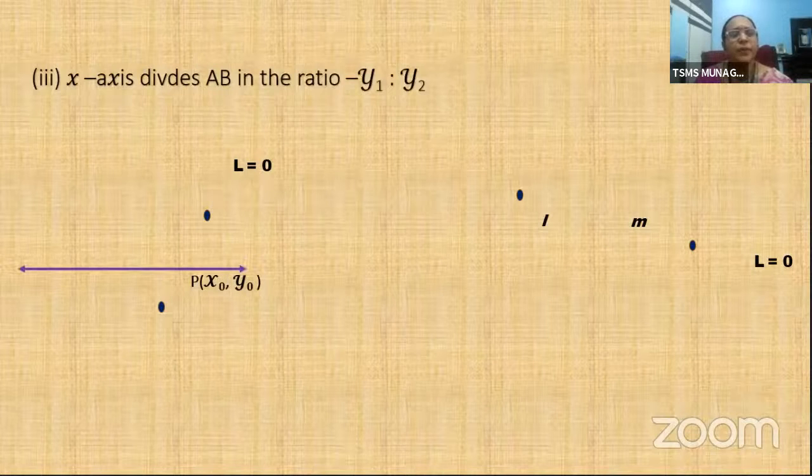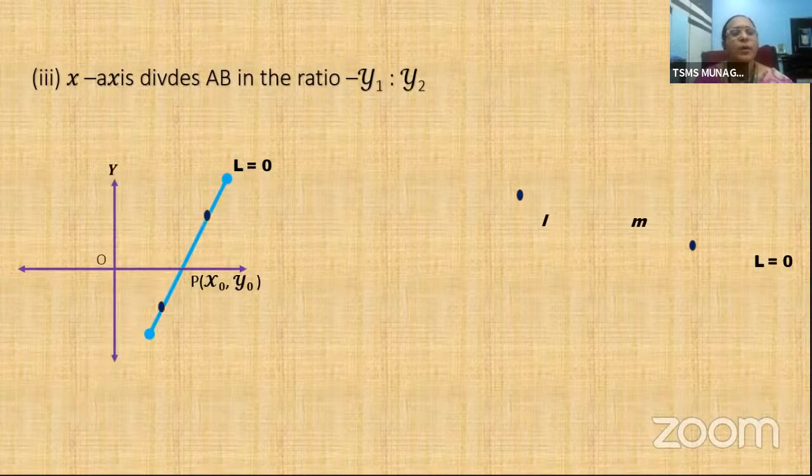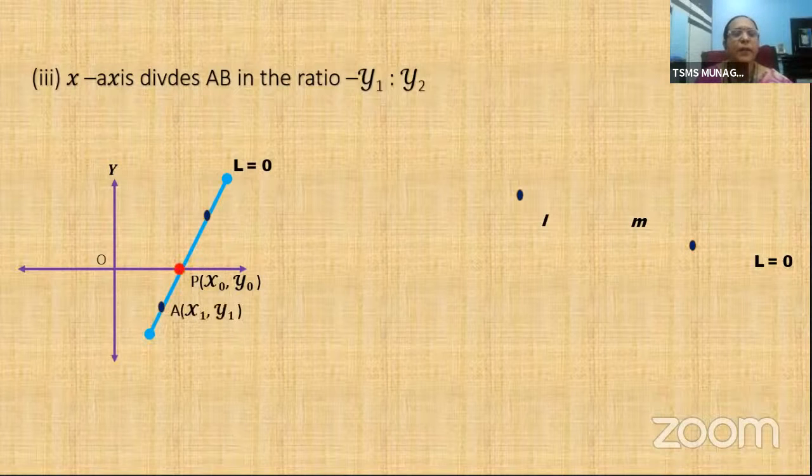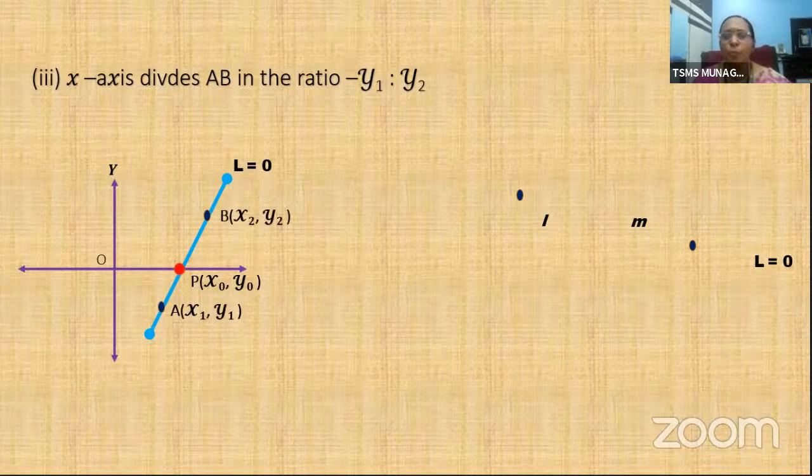Now here we also can extend this ratio to what happens if the x-axis divides AB bar. What ratio will the x-axis divide AB bar in? It is simply the ratio between their y coordinates, which is y1 is to y2, of course, minus y1 is to y2.